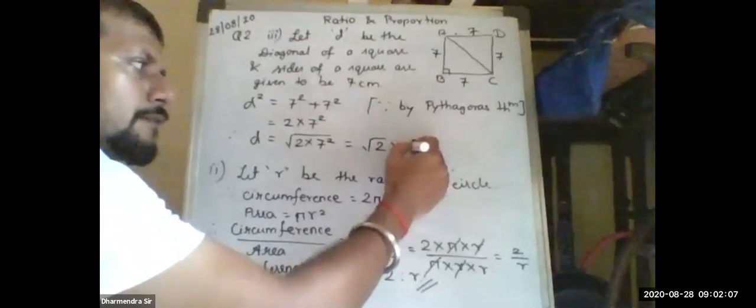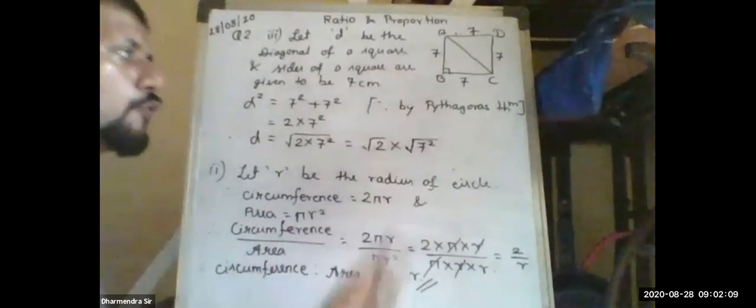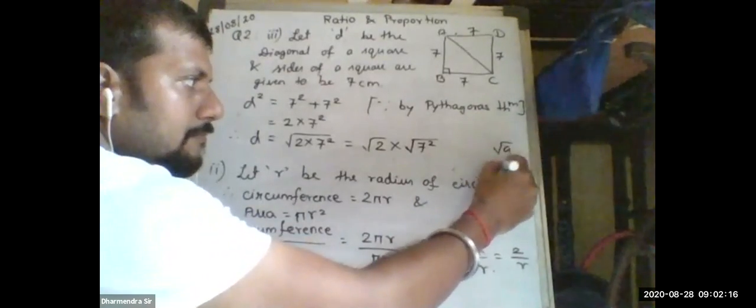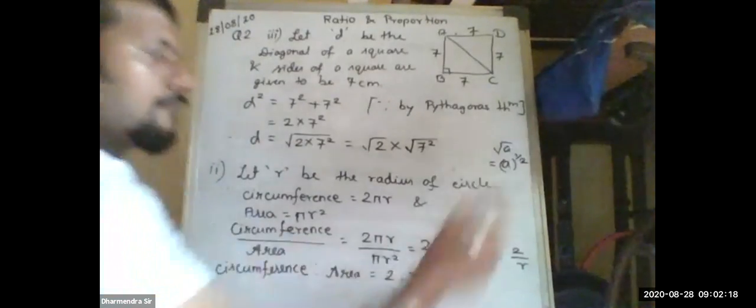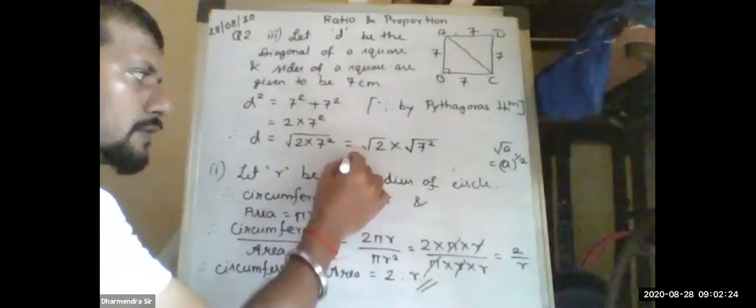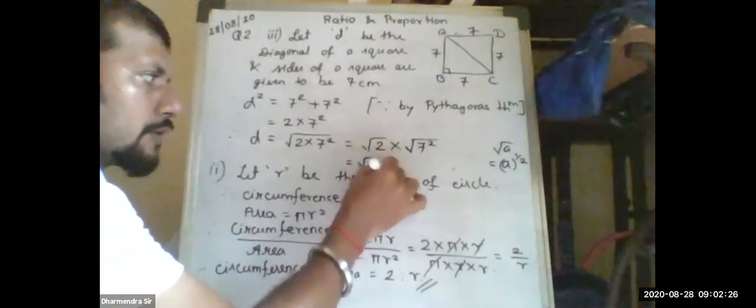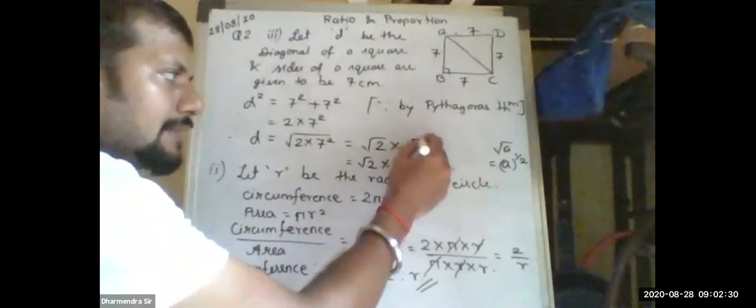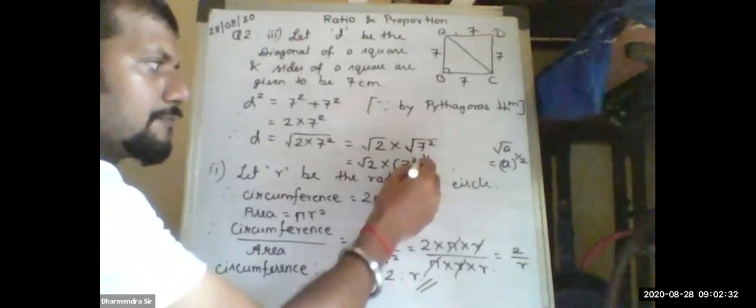Now you know what we mean by square root? Square root means we are having half in the power. So root 2 into 7 square, and this root says this is half.